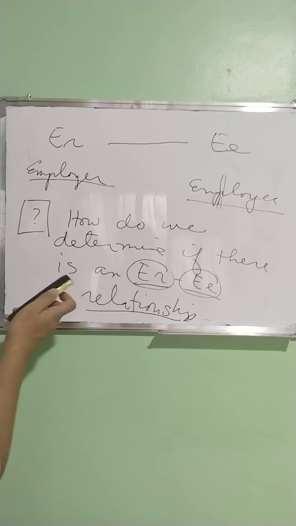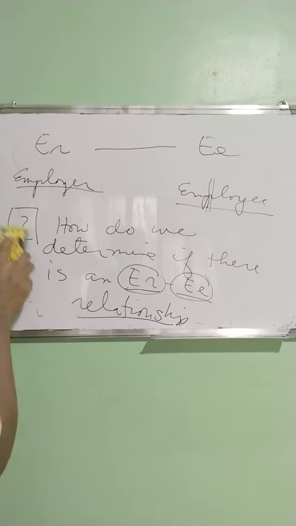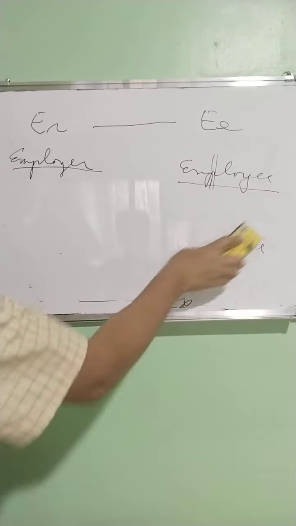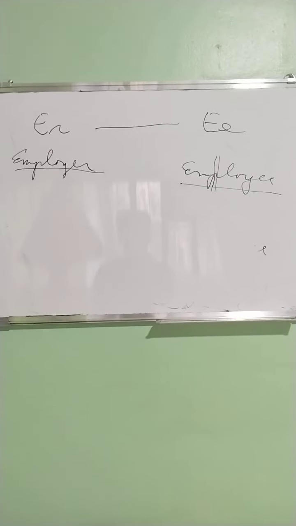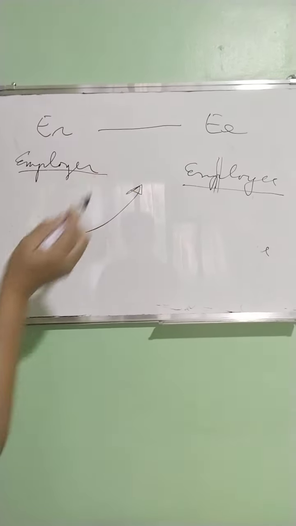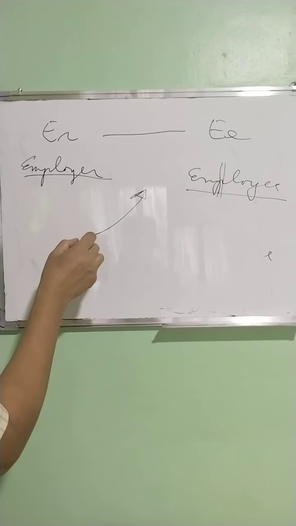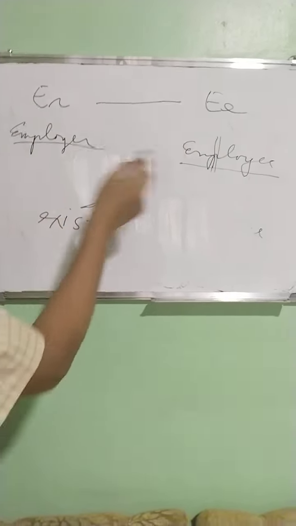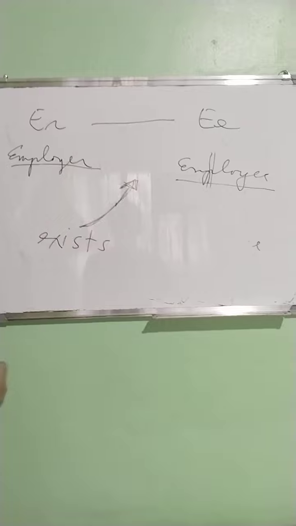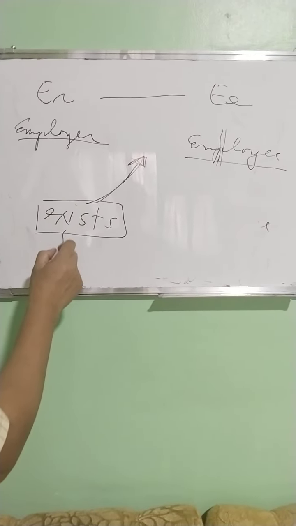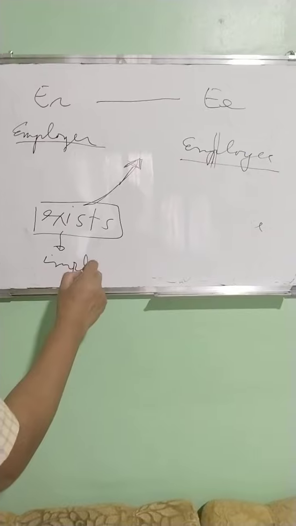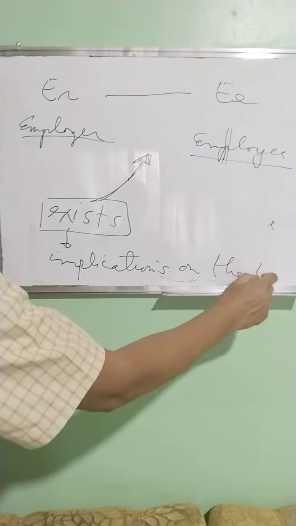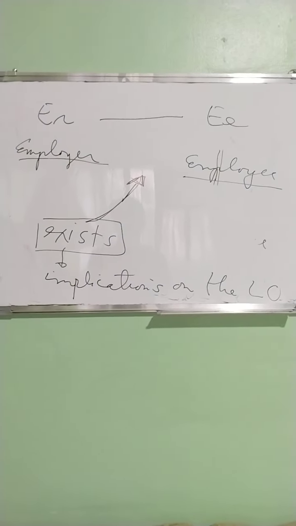Why do we have to know if there is an employer-employee relationship? Well, we have to determine this because if this relationship between employer and employee exists, then of course there are implications on the applicable provisions of the labor code.